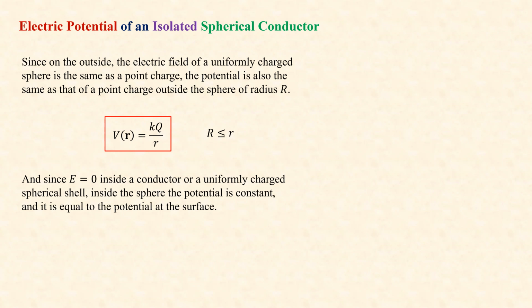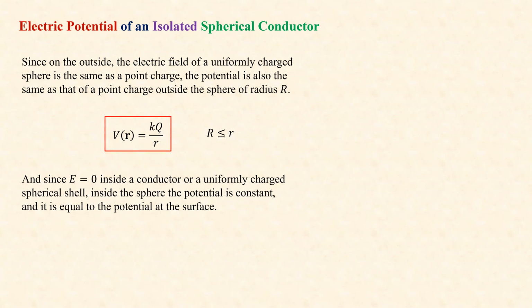And since E is equal to 0 inside the conductor, this is a spherical conductor. So remember, inside the conductor, electric field is 0. It is the case also for a uniformly charged spherical shell. So inside the sphere, there's no electric field. What did we say about potential if the electric field is 0? The potential doesn't change, right?